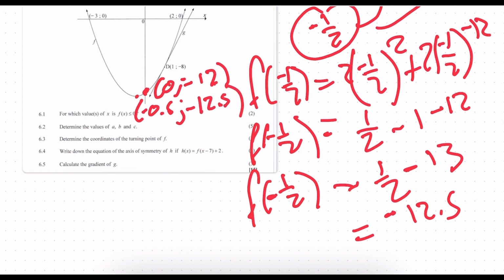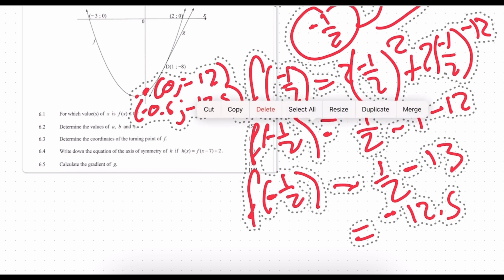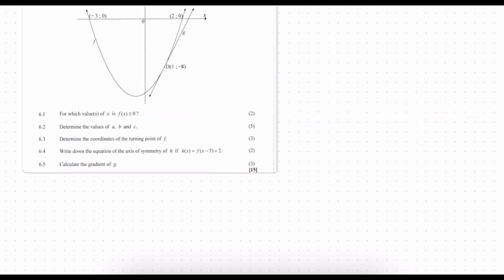It makes sense to me because it's slightly below the y-intercept. So I'm confident enough to say I'm still on track of getting 100%. But do it yourself and see if you're getting the same thing. If not, refer to the memorandum. I think this was taken from the 2015 question paper. But don't refer to the memo before attempting, right?